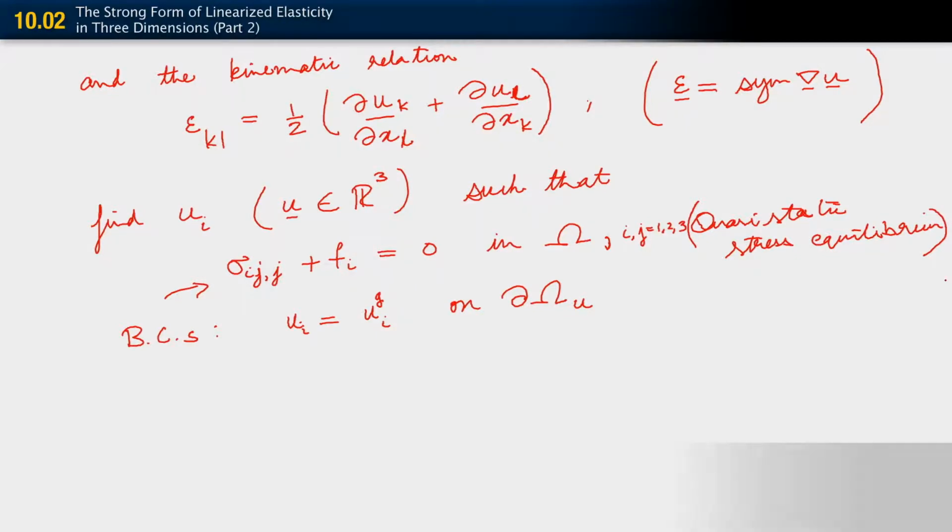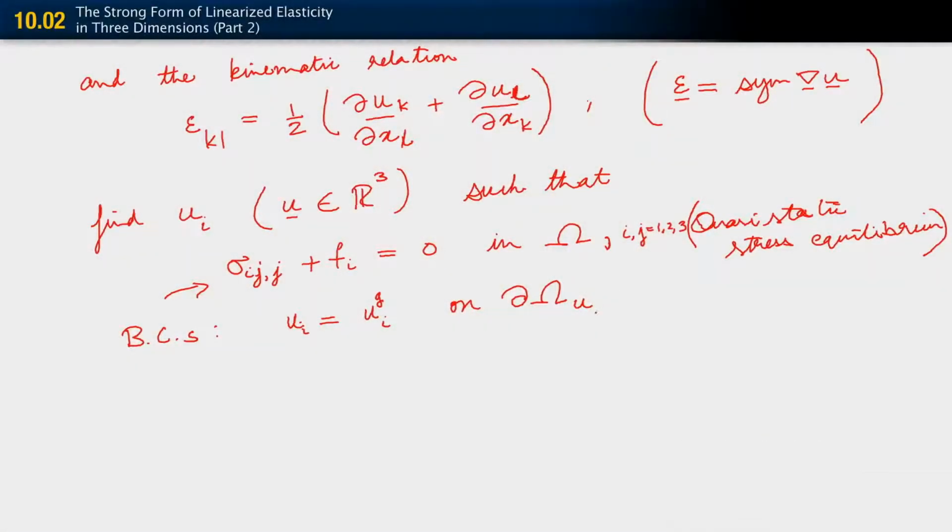So when we look at the PDE, we actually have 3 PDEs there, for each value of i. Not a big surprise, because we are finding a field which is itself a vector, which has 3 components. So we're really solving 3 PDEs. It's a vector PDE.